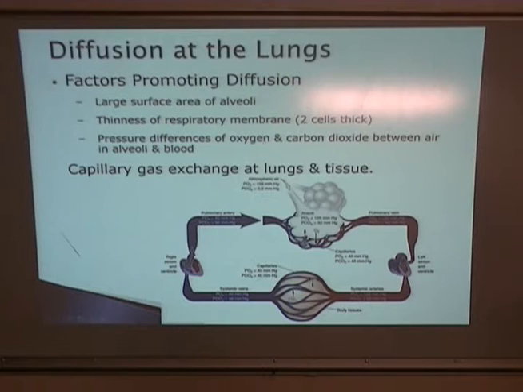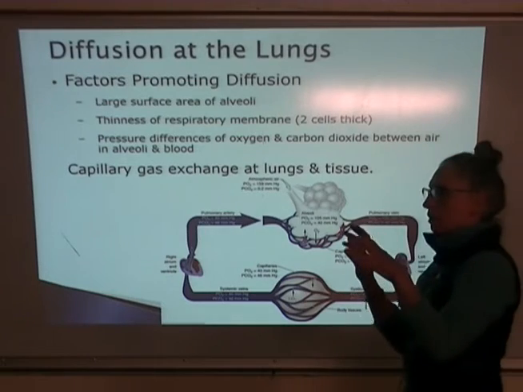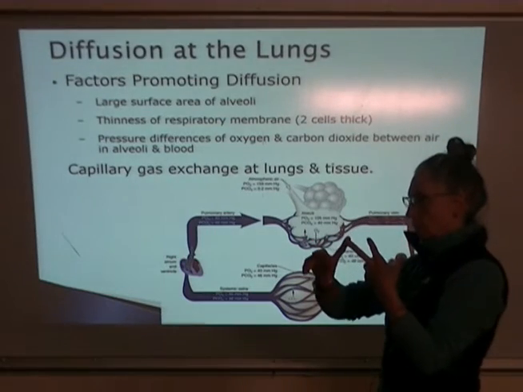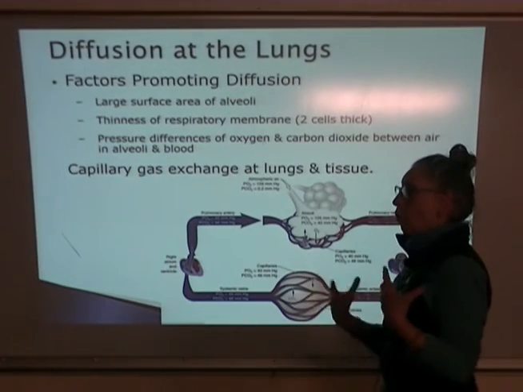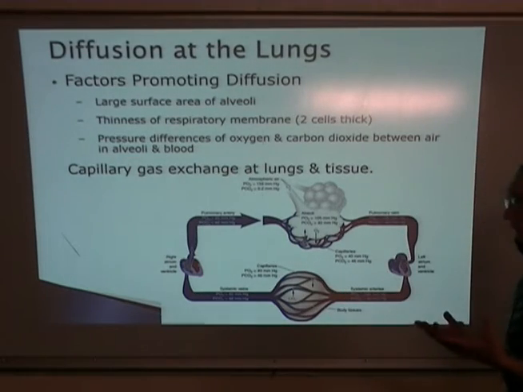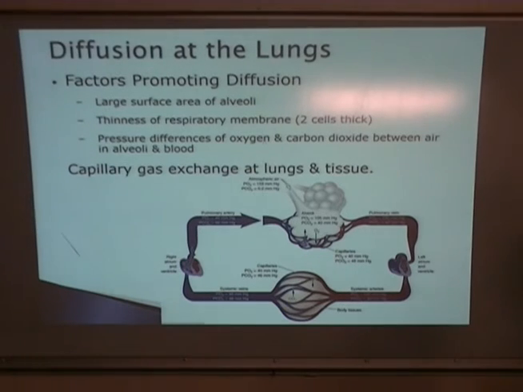If we look at the carbon dioxide, remember that when we are making ATP aerobically, our byproducts are water and carbon dioxide. So the more ATP I'm making aerobically, the more carbon dioxide I'm making. We can't use carbon dioxide in our body.